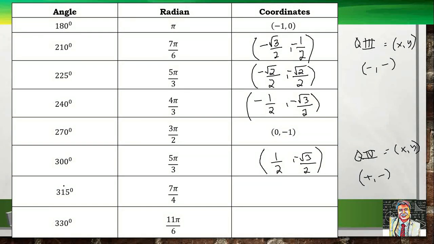Next, 315. Ang 315, ang reference angle niya is 45, so therefore this is square root of 2 over 2, and this is also square root of 2 over 2. 315 is belong to quadrant number 4, so therefore dapat negative tong y coordinates. Last, 330 degrees, ang reference angle niya is 30 degrees, so therefore ang coordinates niya is square root of 3 over 2 and then 1/2. Then dapat yung y coordinates negative since nasa quadrant number 4 siya.